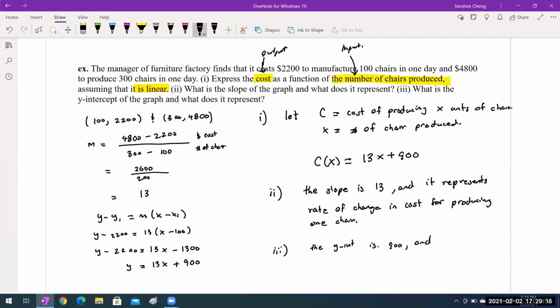And it represents, in the linear model for this kind of production cost, when x is 0, that means you are not producing any chair at all, but you still have the cost. That cost can come from, even though you don't have any order to produce any chair, you still need to pay for the utilities, rent, and labor, and so on and so forth.